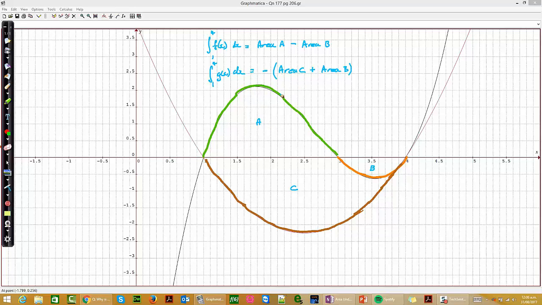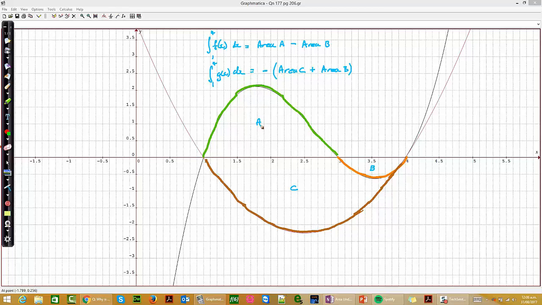If you're looking at the question on page 206, you'll see the area that's in orange in your workbook is basically the area sandwiched between this green part of the curve, this orangey part here, and this brown part here. I'm not going to shade it in, but I'll just demonstrate on the screen. It's all of this area between those colored sections.